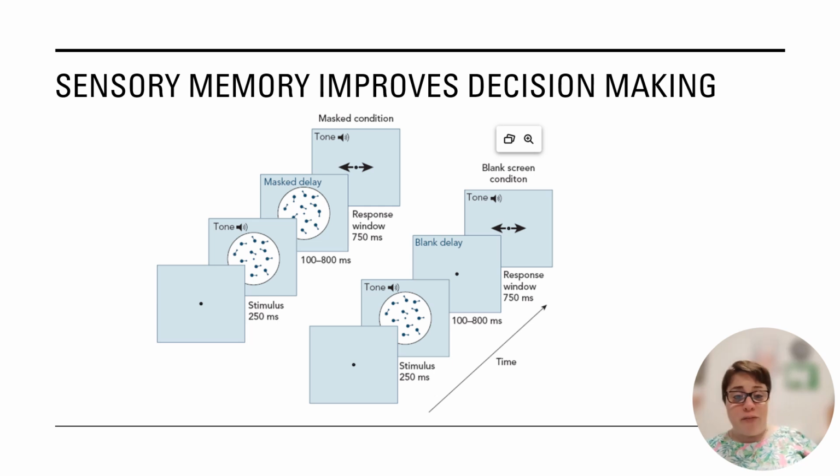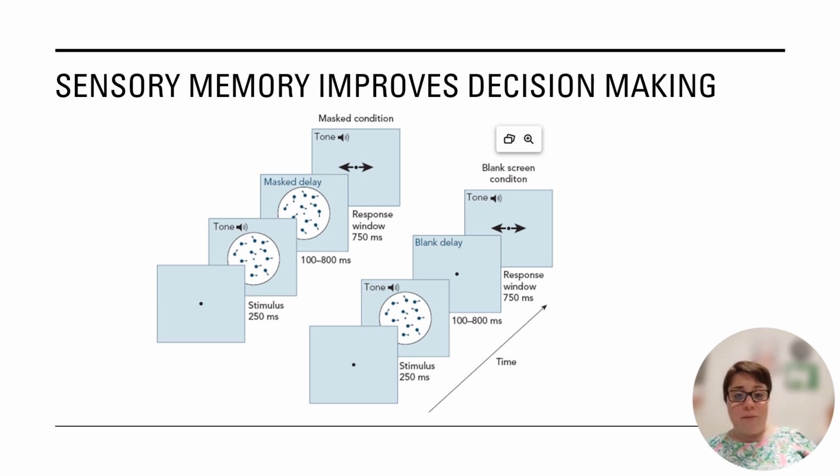So Vlasova and Pearson found that participants made more accurate decisions when the stimulus was followed by a blank screen than when the stimulus was followed by a mask, and that this accuracy advantage increased as response delay increased.